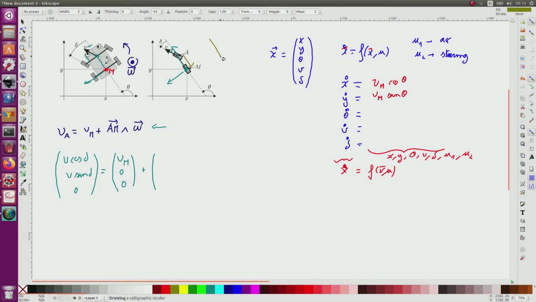There is a component with respect to the x direction, and since this distance is L, I will have here minus L, 0, 0. 0 because I have no component with respect to the y direction in the frame of the car. Now in the frame of the car, for the vector omega I have 0, 0, since omega has only a component with respect to the third dimension: theta dot.